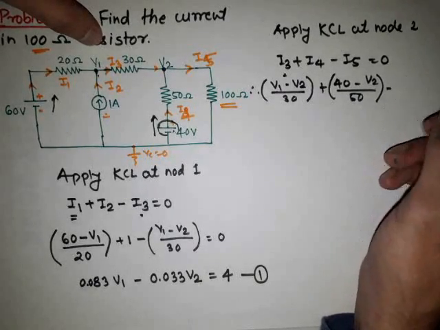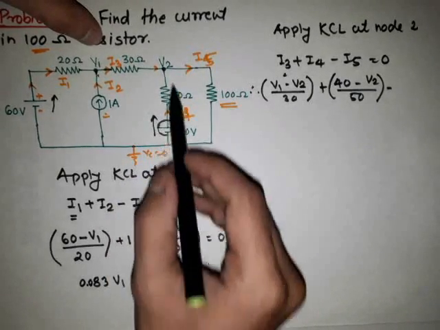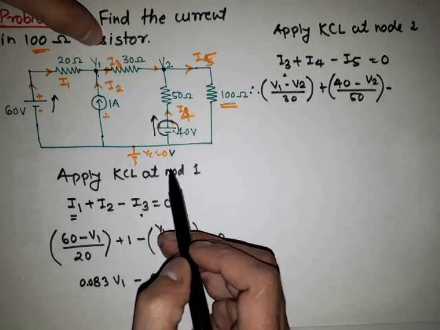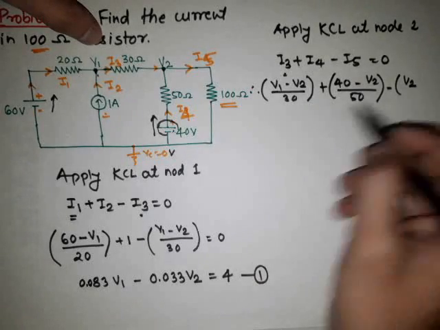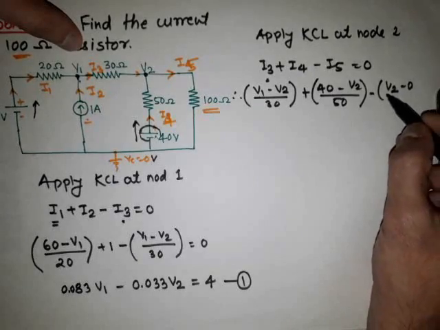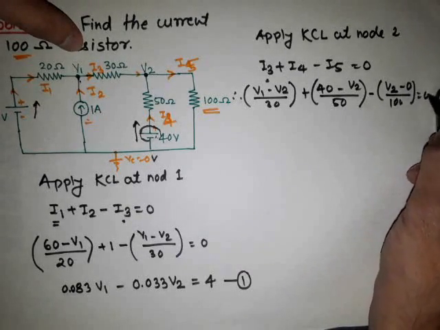Then minus I5, the current which flows from V2 to the reference node, that means the initial voltage is V2 and the final voltage is the reference voltage which is 0 volt. So simply initial voltage V2 minus final voltage 0, divided by the resistance 100, which is equal to 0.